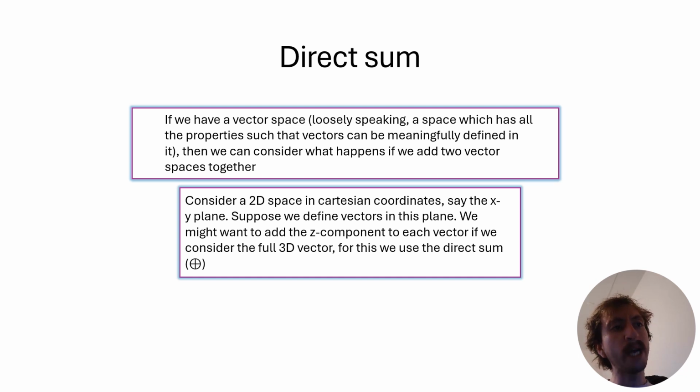Well, if we add the z component to the xy components, then we end up with a vector with three components, an x, a y, and a z component. And so using the direct sum, we're just kind of stitching dimensions, if you like, together, and the dimension of the vector space formed by the direct sum will just be the sum of the dimensions of our individual subspaces.